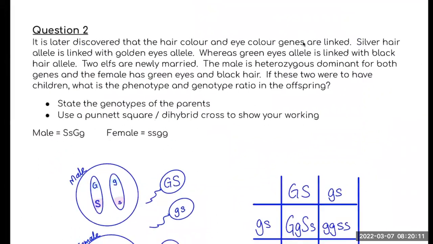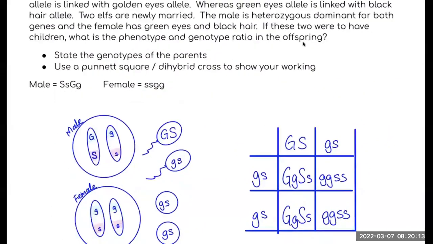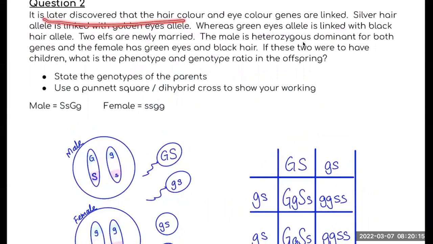Okay, here comes question 2. It was later discovered that the hair and eye color genes are linked. So meaning that they sit on the same chromosome, the same homologous pair of chromosomes. And in the question, if something is linked and I'm asking you to predict inheritance for linked genes, I very often will tell you which allele is linked with which.